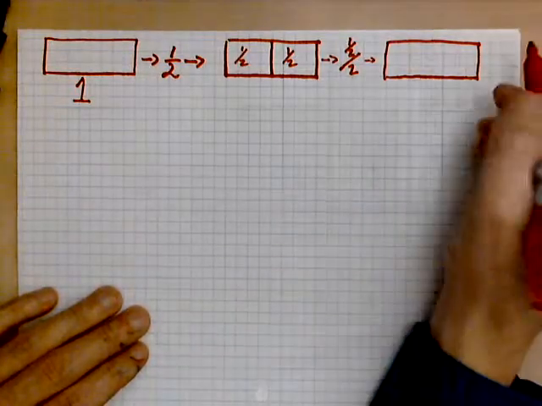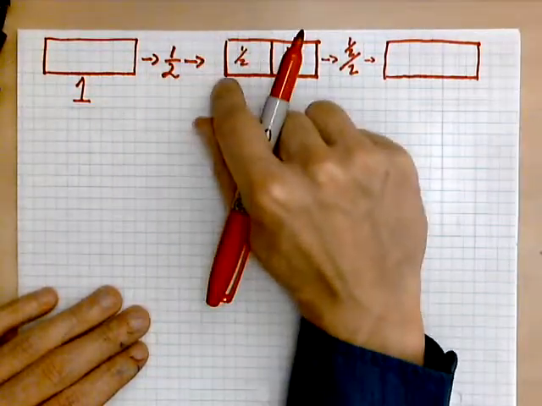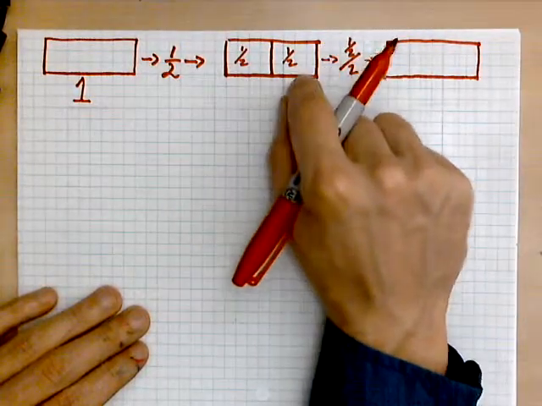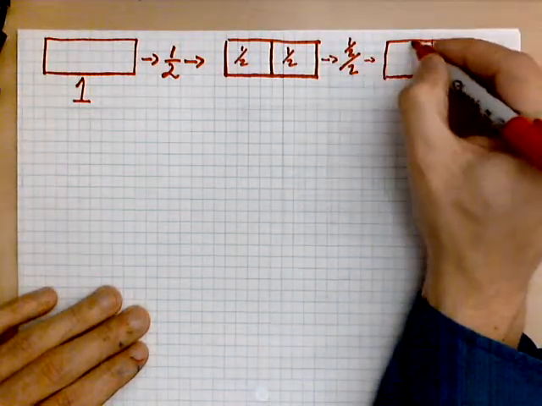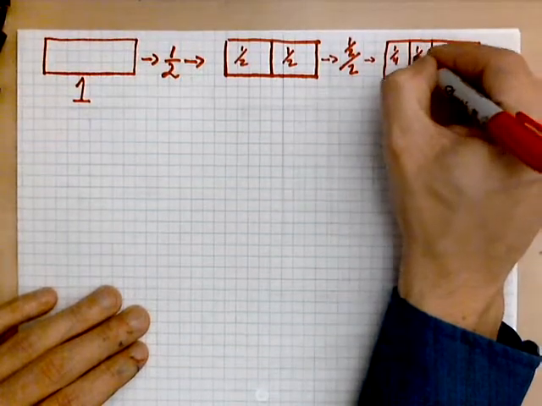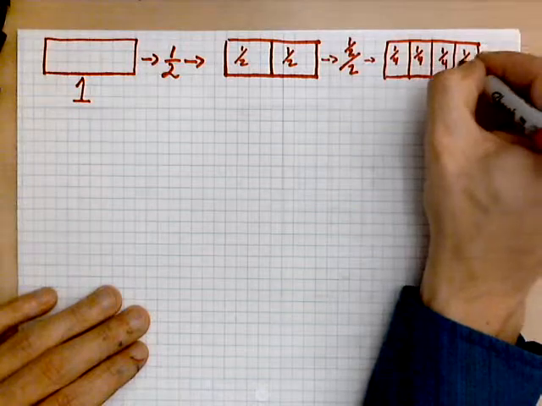So what have we done? We've taken the original 1, we've split that first into halves, and now each of these halves will be split into a quarter, so that it looks like this. This is our 1/4. Then of course this will be the next, this will be the next, and this will be the next.